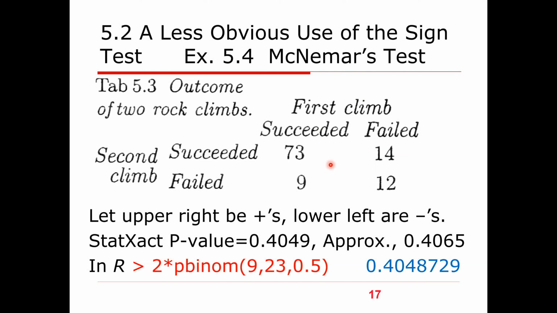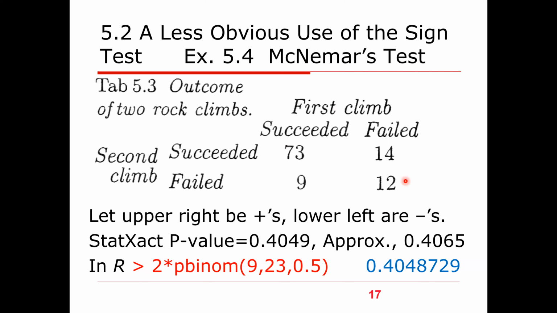Some members succeeded in both climbs, some failed in both climbs, but some succeeded in one but failed in the other. And with this data, we want to test if one climb is more difficult than the other. Although the data is not in the form of a vector with positive and negative values, actually they deliver the same message, right?